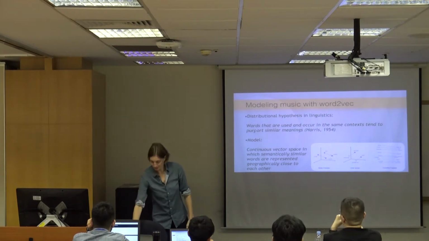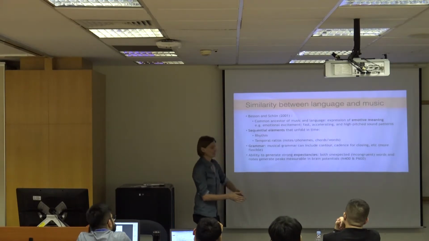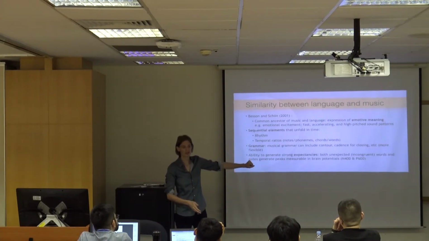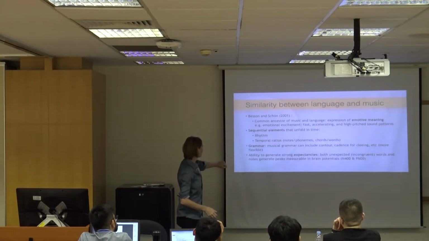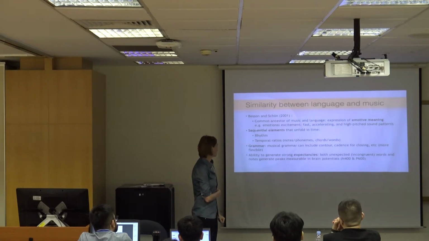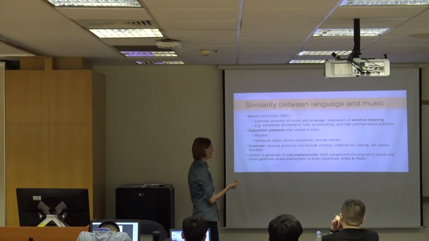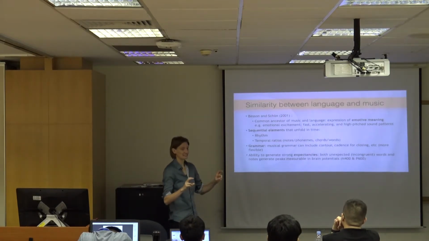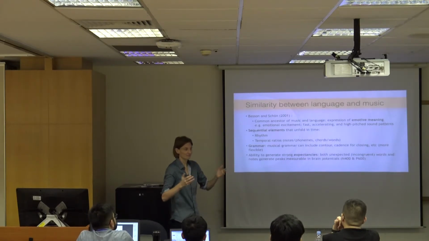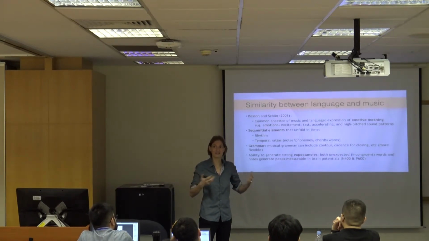So music and language are very similar. There's a whole paper describing how similar they are if you're interested, Besson and Schoen. And the interesting thing is that actually both language and music came from the same evolutionary reason, which is emotion.